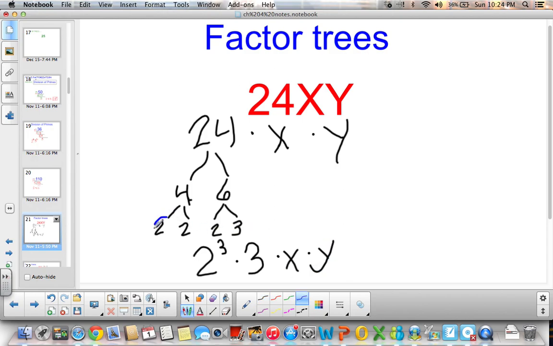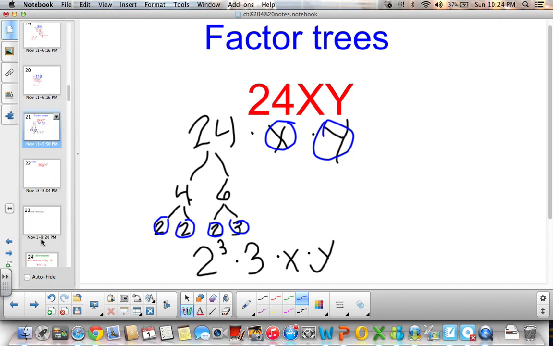So I should have gone in and circled my 2 and my other 2 and my 3 and my x and my y. So 24xy would be prime factorized out into 2 cubed times 3 times x times y.